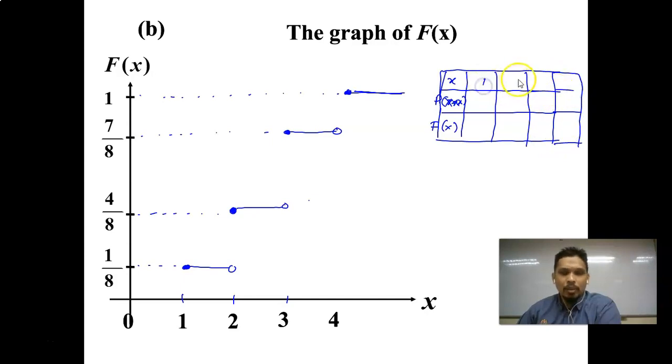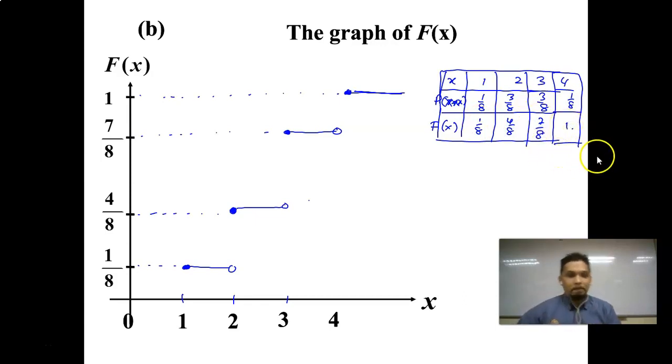When x equal to 1, 2, 3, 4, the probabilities are 1 over 8, 3 over 8, 3 over 8, and 1 over 8. The cumulative values are 1 over 8, 4 over 8, 7 over 8, and 8 over 8 equal to 1. So how do we read this graph from this table?